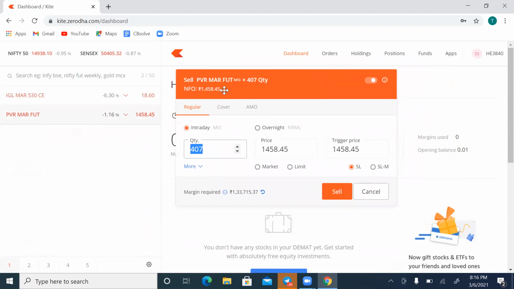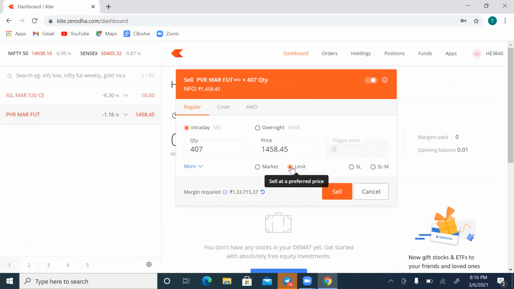Okay, now PVR price is 1458.45 and you have received a message in Top Notch saying sell this particular March future at 1440. Okay, 1440 is somewhere below the current price. So you should not directly place a limit order.